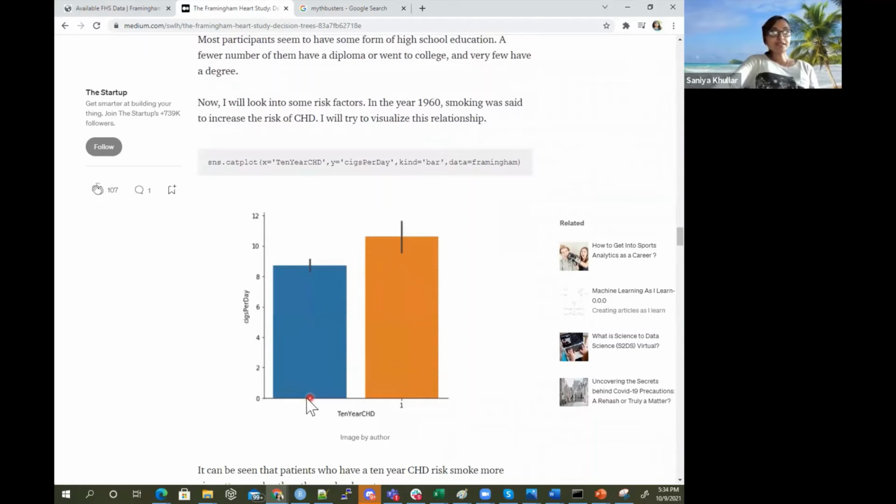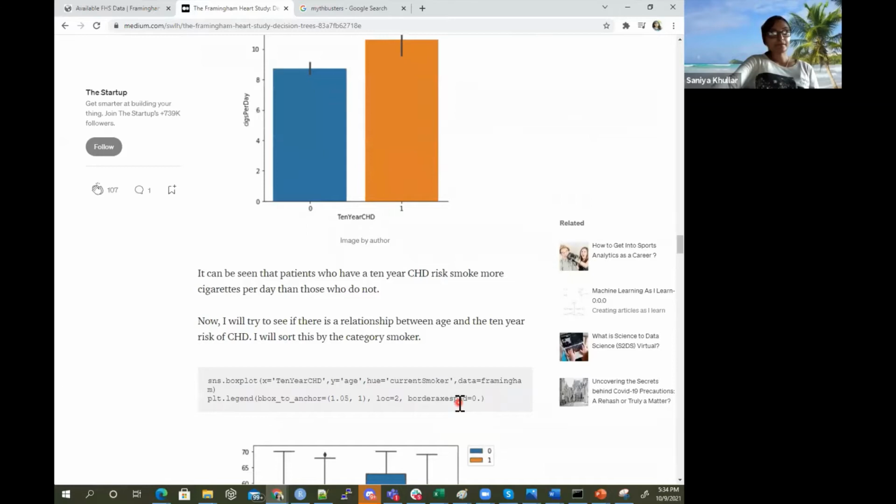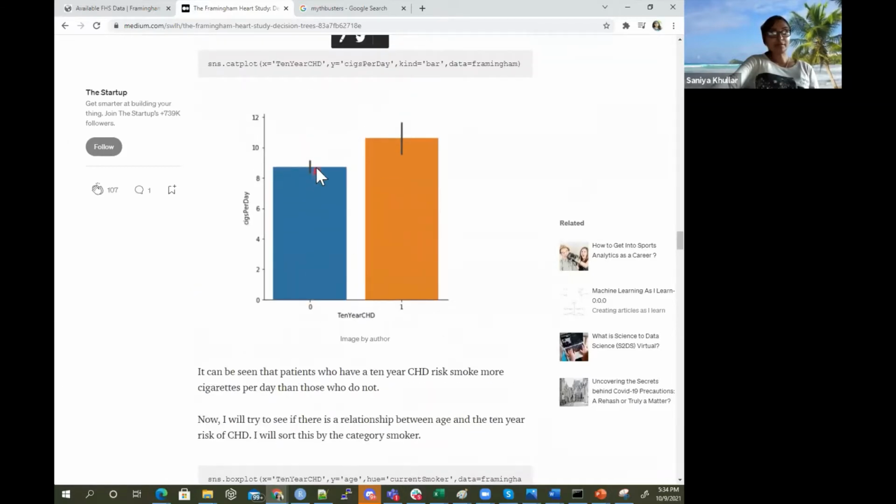And then you can see these are cigarettes per day. Smoking was said to increase the risk of coronary heart disease, so they're trying to figure this out in people. This is cigarettes per day, and this is 10-year coronary heart disease, which measures whether you develop coronary heart disease within 10 years.